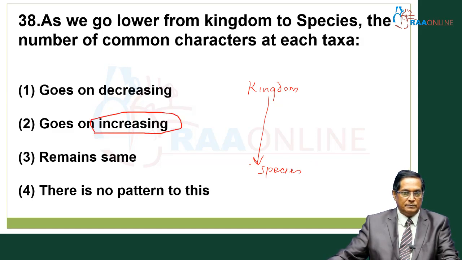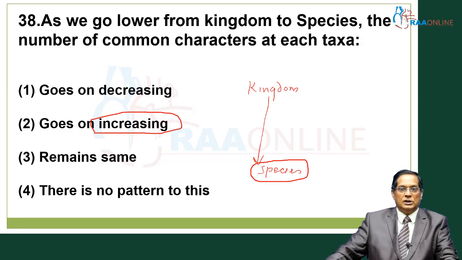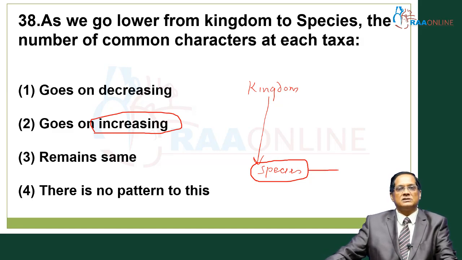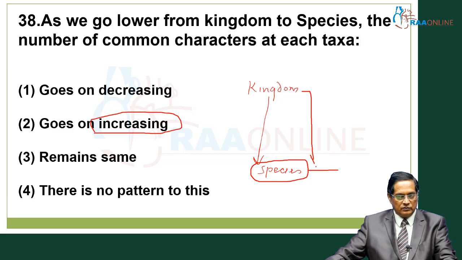Maximum similarity is seen at the level of species, almost identical, that is, full similarity is there in the members of the species. So similar features increase when we go down.